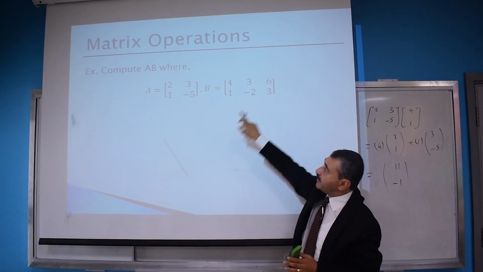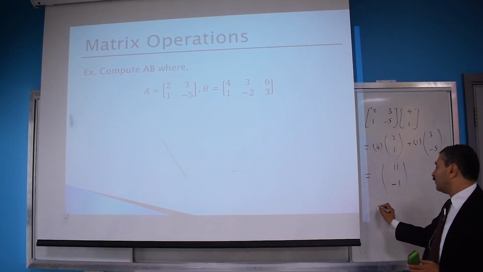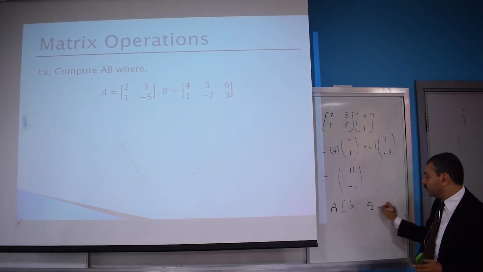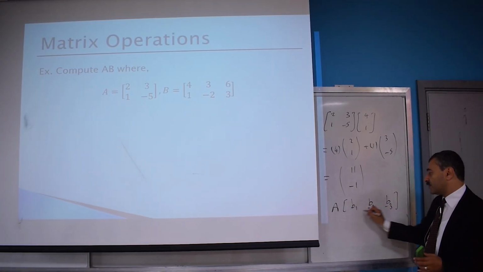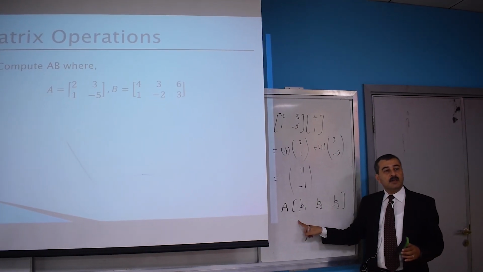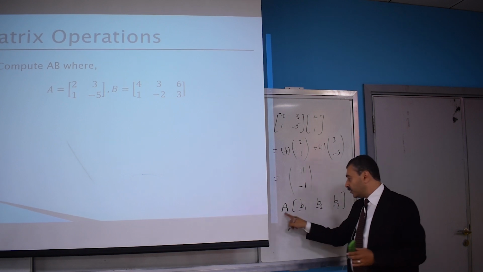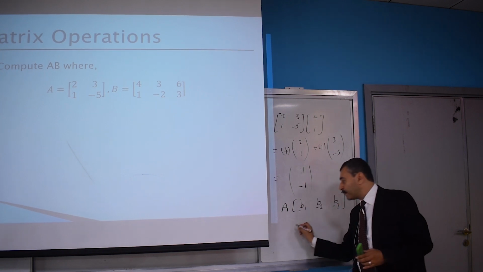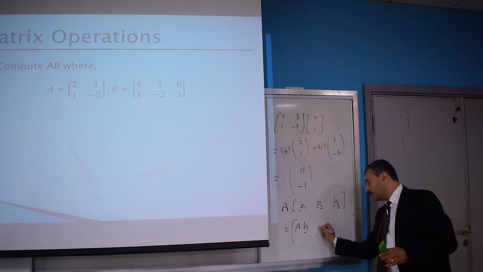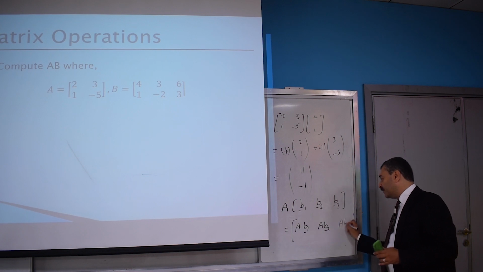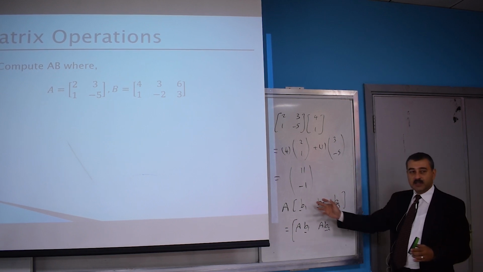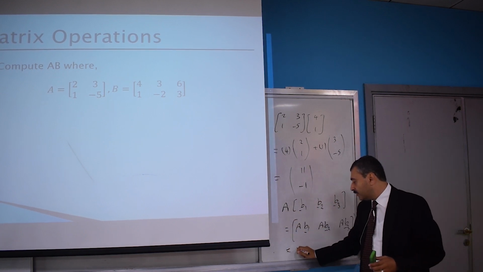If I want to multiply A by the matrix B, I write B as b1, b2, b3 as vectors, and multiply the matrix A by each column in B. So we'll get Ab1, which is this guy, okay, and Ab2, and Ab3. And then augment these to be the product of the matrix A by the matrix B.